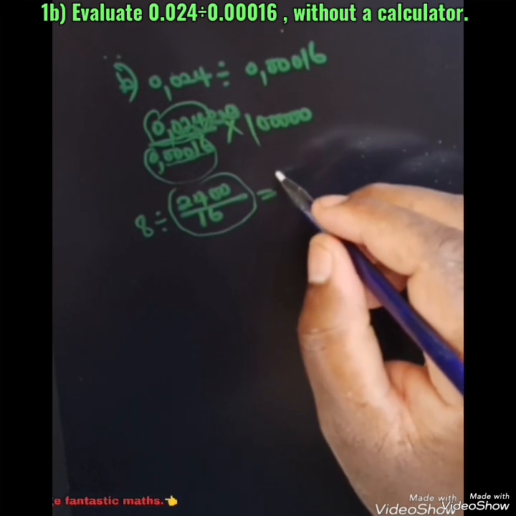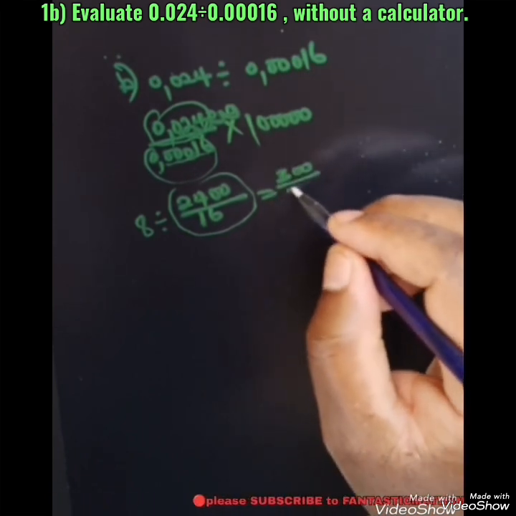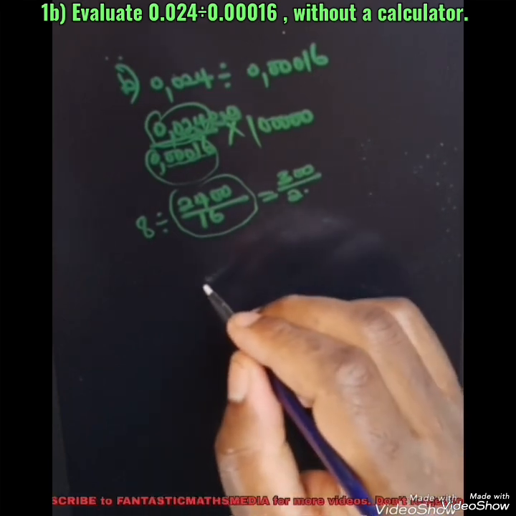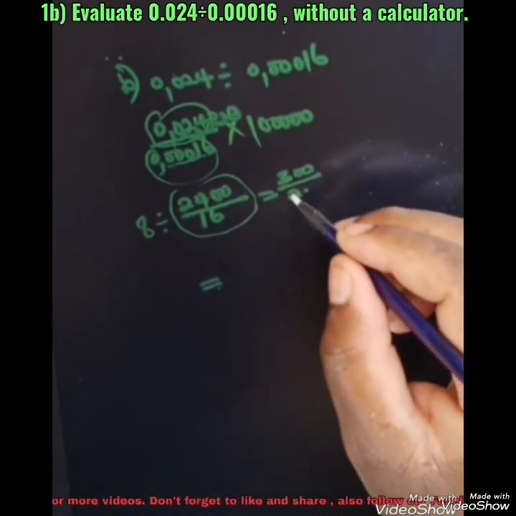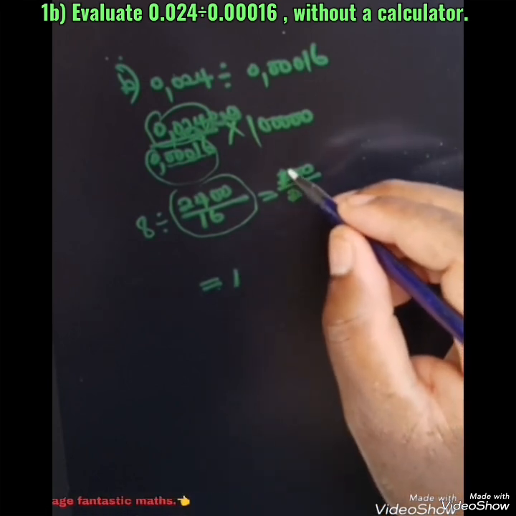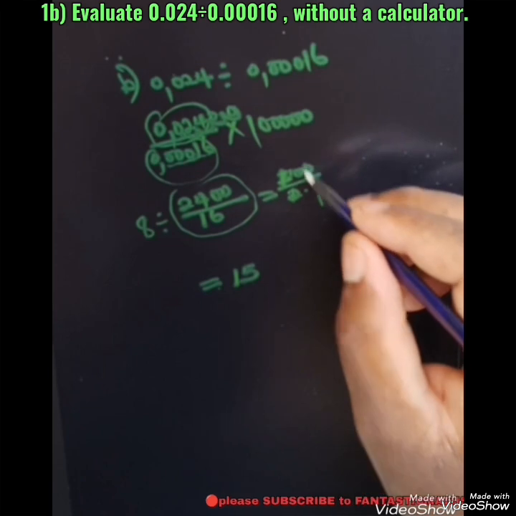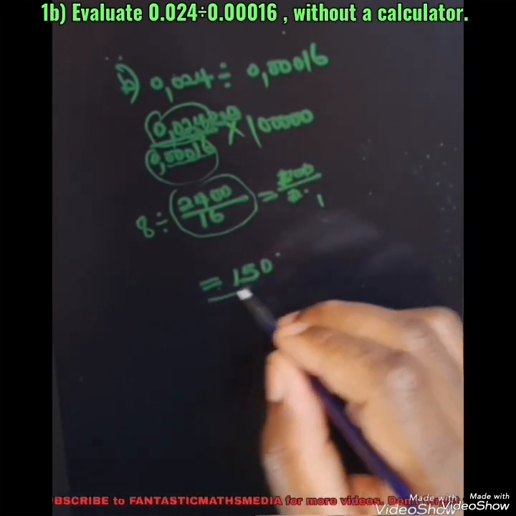Simple, we have to divide by 8. If you divide 2,400 by 8, you get 300 divided by 2. Then if you divide 300 by 2, you get 150. So 150 is our final answer for part B.